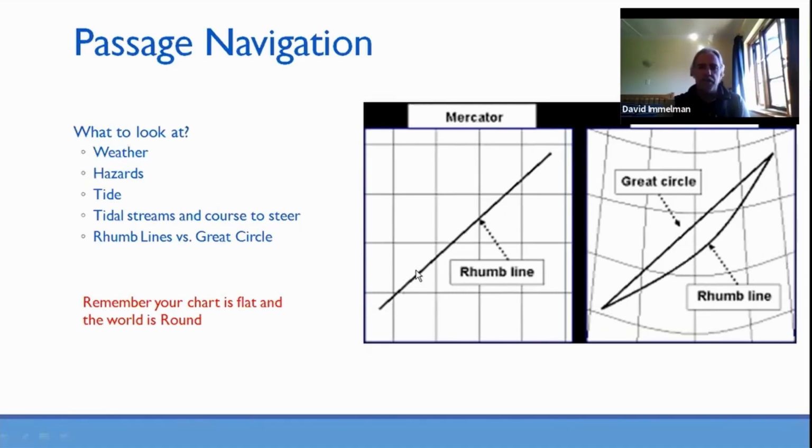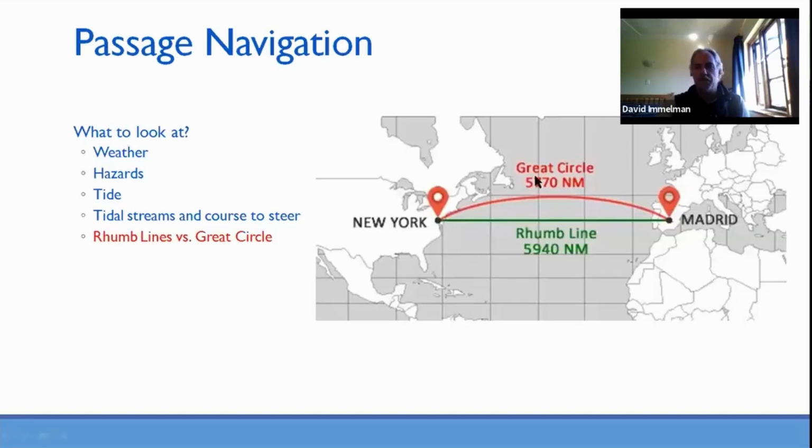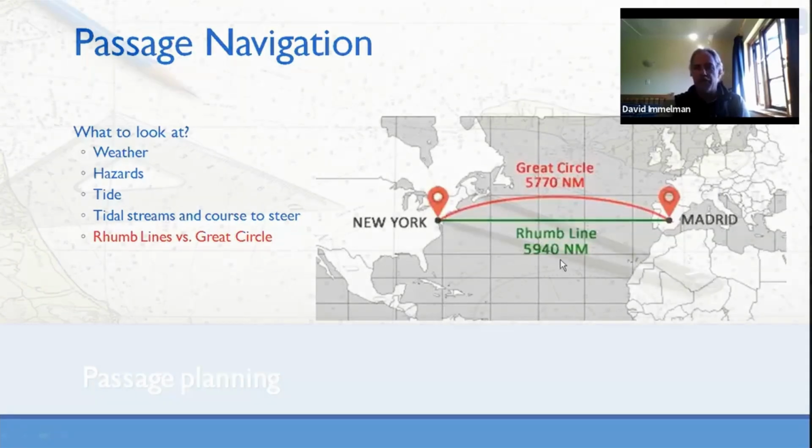So you take that same rhumb line and you put it onto a Gnomonic chart, that's what it looks like. So therefore your great circle route is quicker, but that's a topic all on its own, but it does need to be taken into account when you're doing long trips, because it makes a big difference in time. That's a whole day sailing.